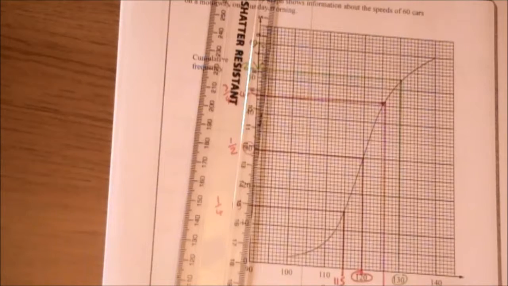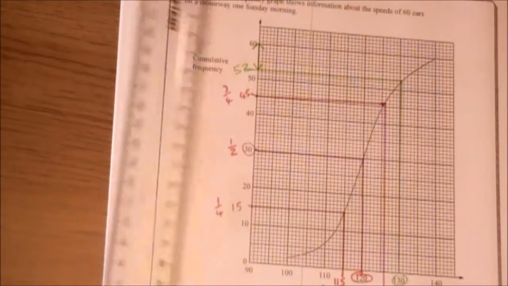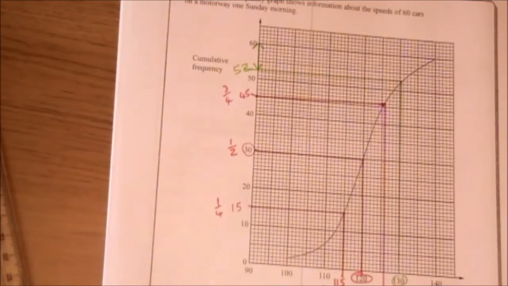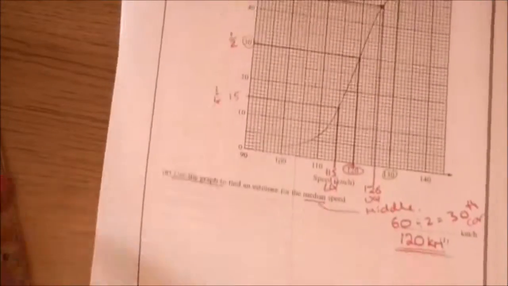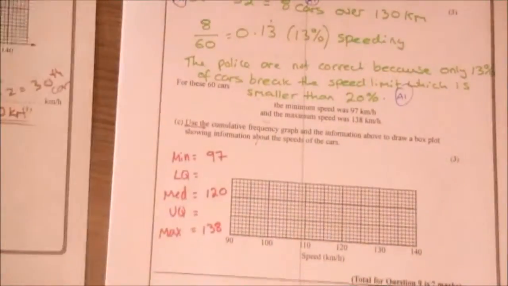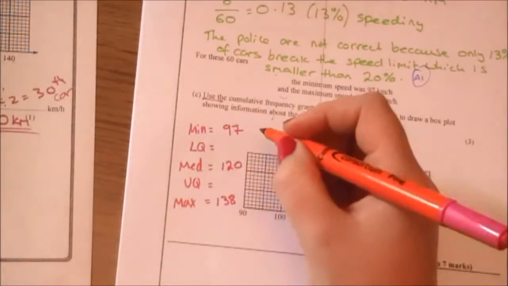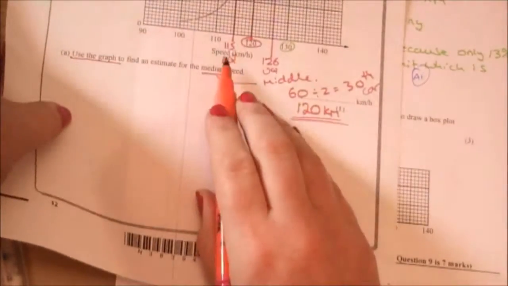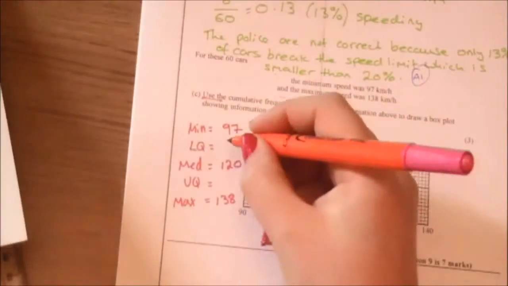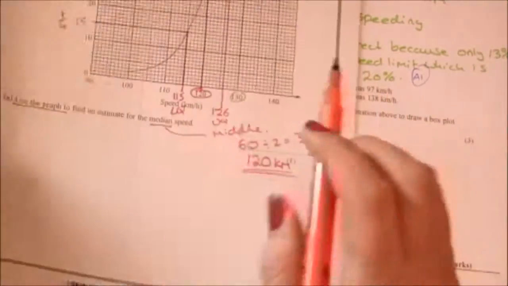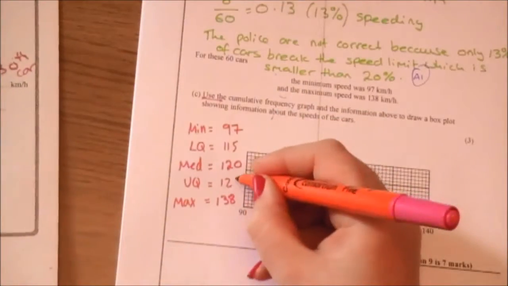And that gives me 126. And that's my upper quartile. So I can go ahead and put these on my list. My lower quartile I found to be 115. My upper quartile I found to be 126.